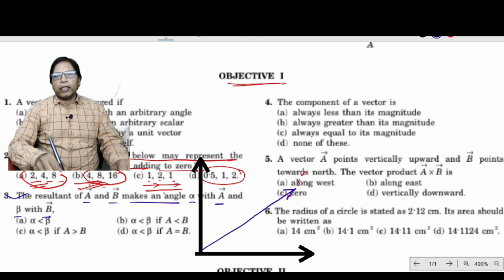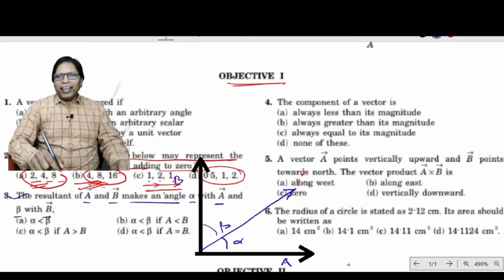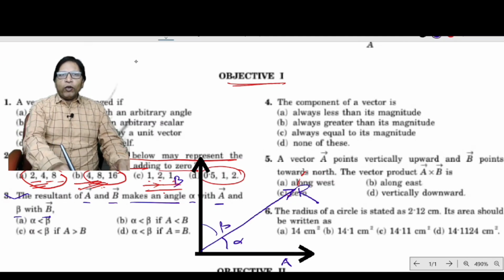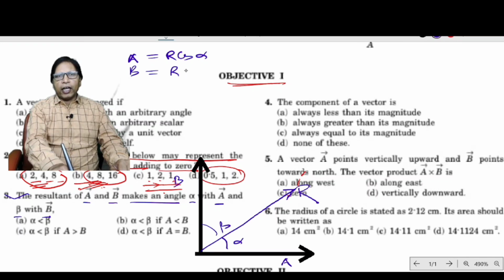Suppose this is the A, this is the B, this is the alpha, this is the beta. So from the figure, if r is the resultant, then A equals r cos alpha, and B equals r cos beta.